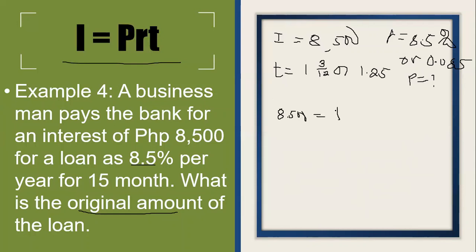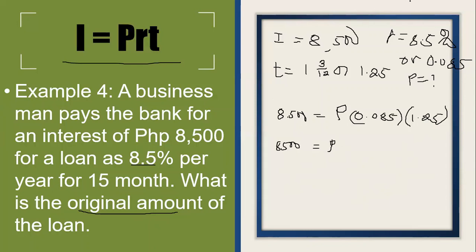Equal to P, missing po. Our rate is 0.085. And then our time, which is 1.25. Simplify po natin, 8,500 equal to P, 0.085 multiplied to 1.25.